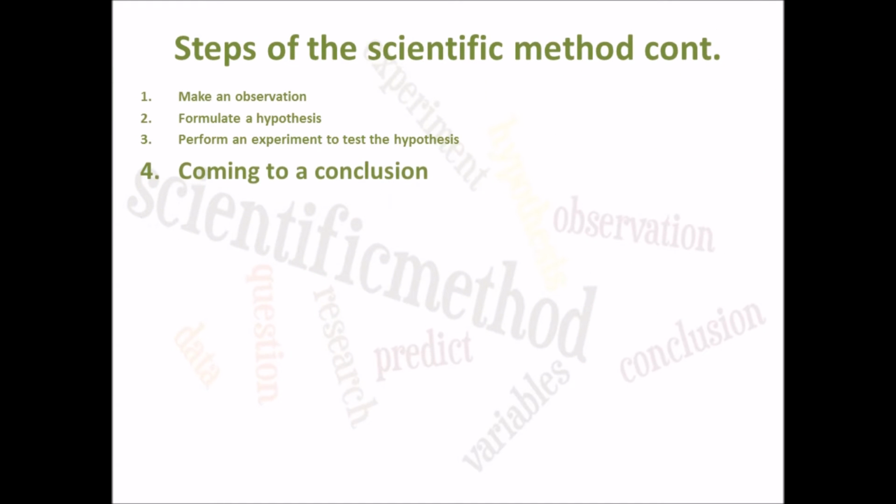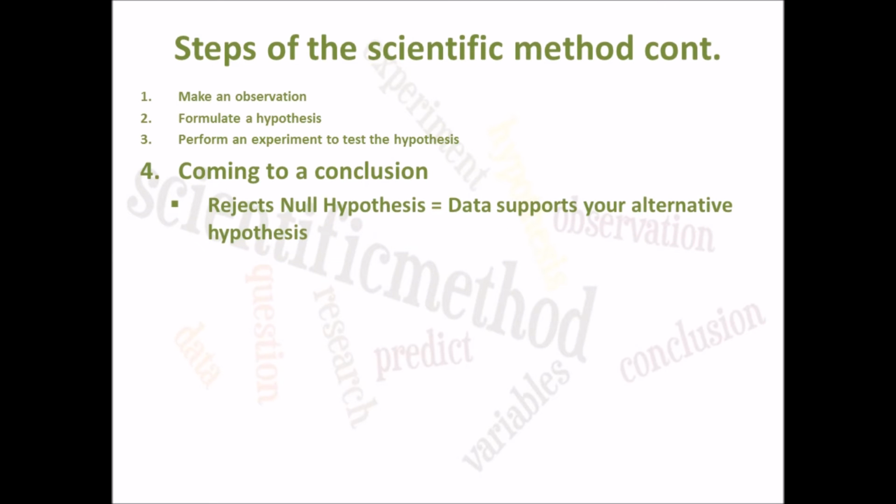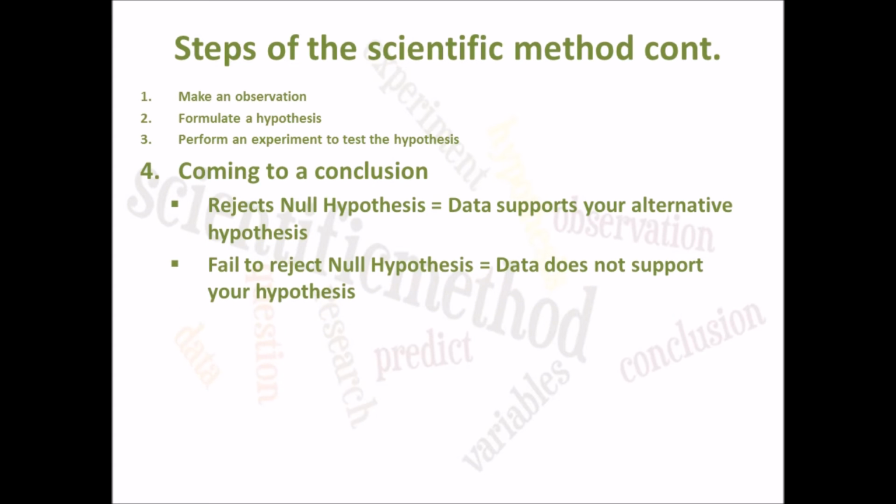And this leads us to the 4th step, which is coming to a conclusion. We have 2 possible conclusions in the scientific method. You can reject your null hypothesis, meaning that you found some relationship between your independent variable and your dependent variable, or you can fail to reject your null hypothesis, which means that you did not find any relationship between them.